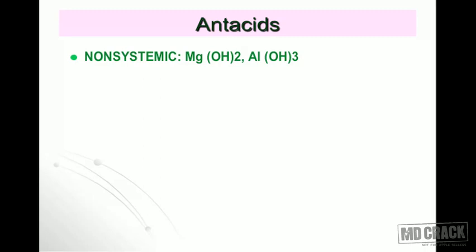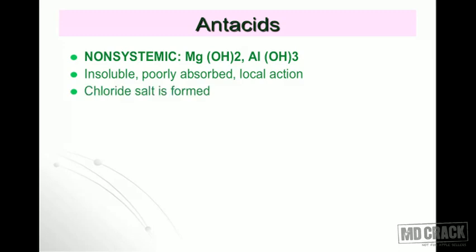Magnesium hydroxide plus aluminum hydroxide. I am calling it non-systemic antacid because these drugs are insoluble and they are poorly absorbed. They are not going much to systemic circulation and they are going to produce local action. A chloride salt will be formed if these drugs combine and react with gastric hydrochloric acid.